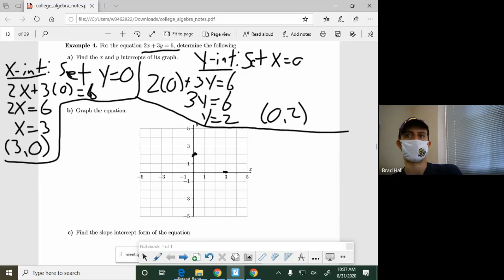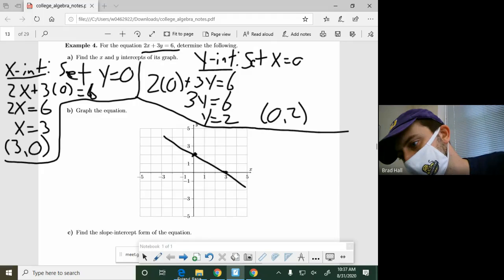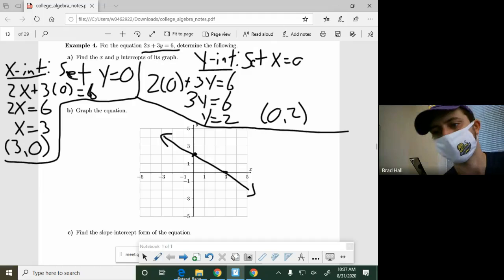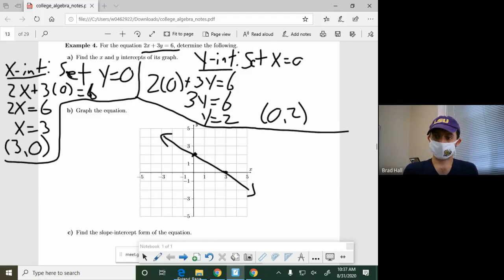By plotting those 2 points, it will sketch the line for you, which is normally helpful for determining things like the slope, perhaps, if you don't have it already.